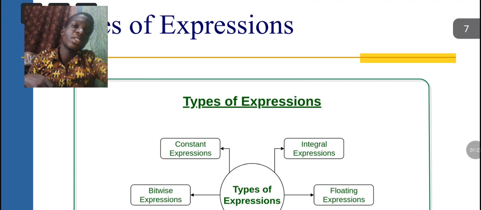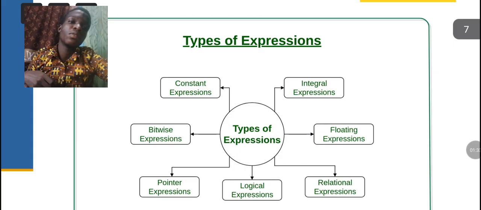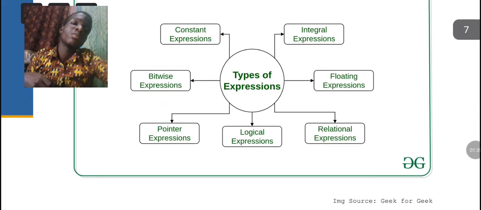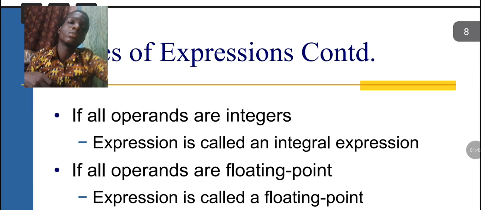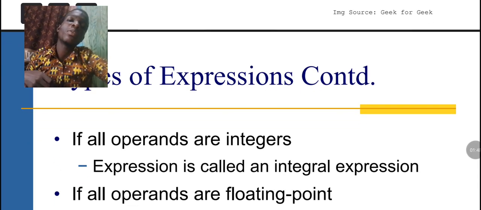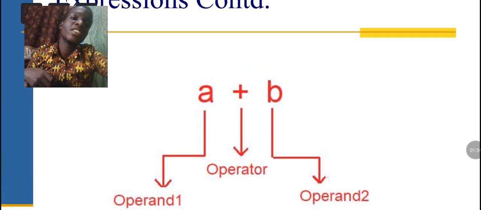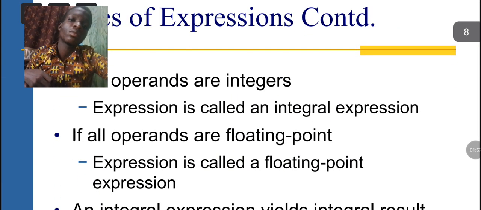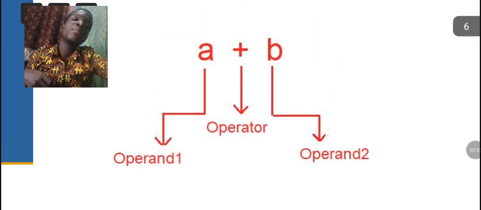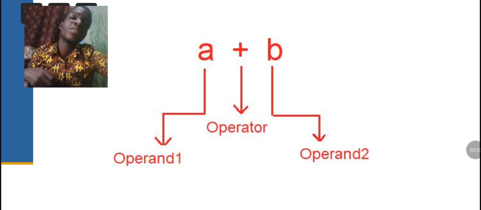So now, types of expression. We have constant expression, integral expression, bitwise expression, floating expression, pointer expression, logical expression, relational expression. We will explain further as time moves on. If all operands are integers, if A and B are integers, like A is 2 and B is 3, the expression is called an integral expression.